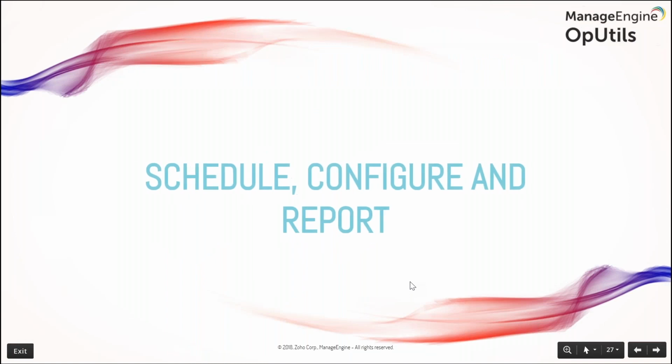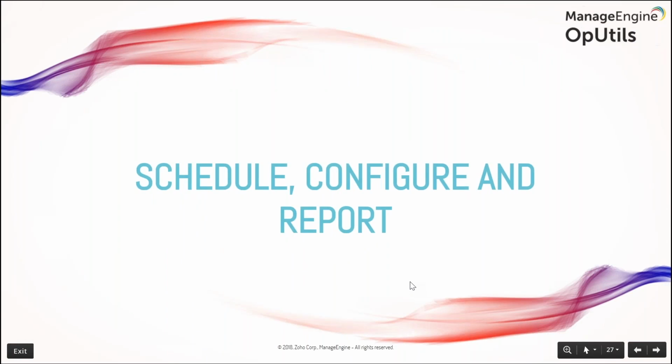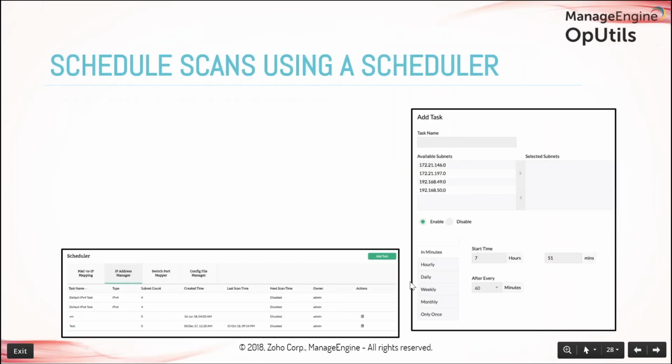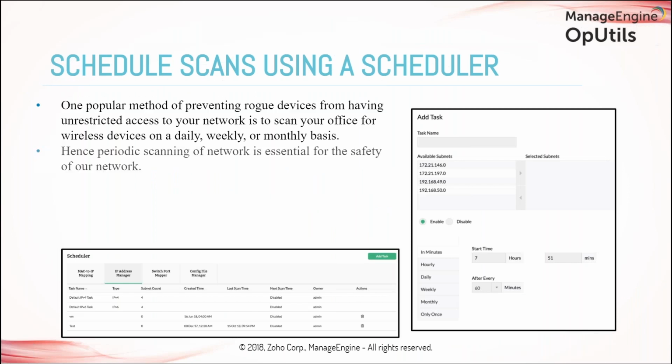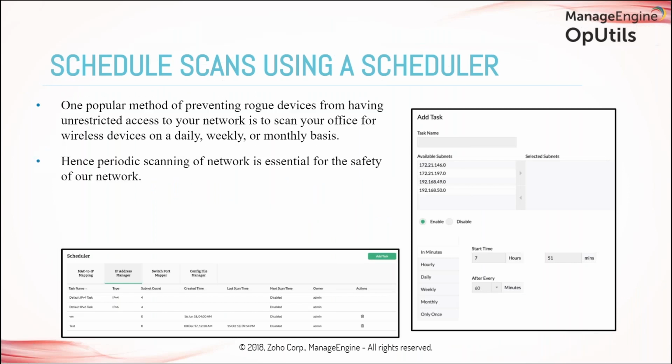In case you have any issues in your network, and as I said, all this has to be scheduled. So IP Address Manager, Switchport Mapper, everything has to be scheduled periodically so that everything gets updated. The used IP address and available IP address details, used port and available port details, everything will be scanned and mapped to IP addresses.